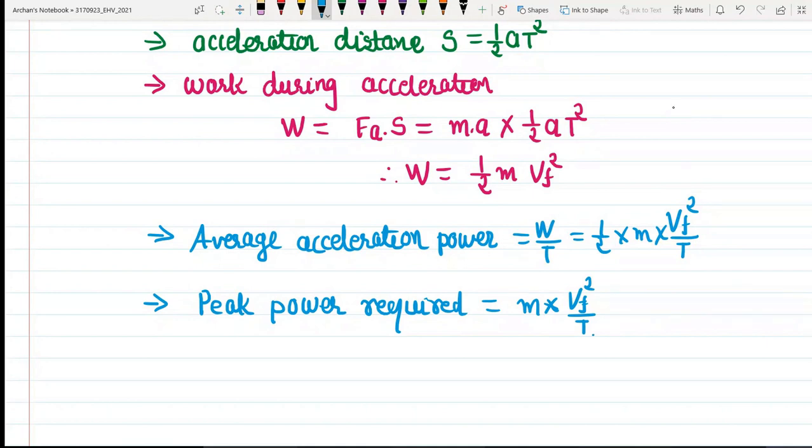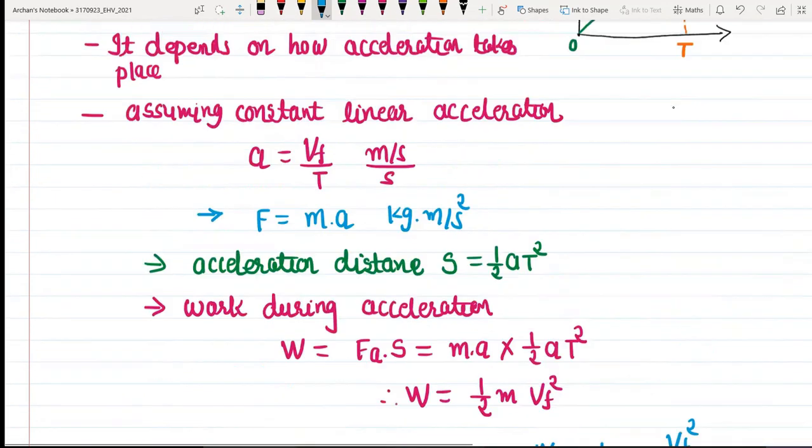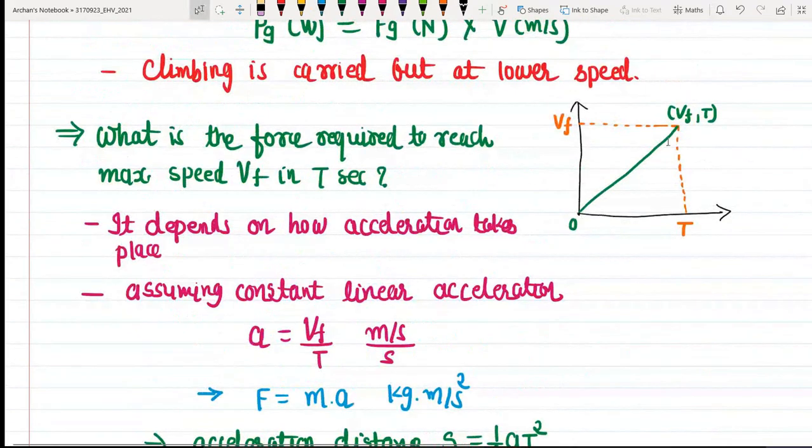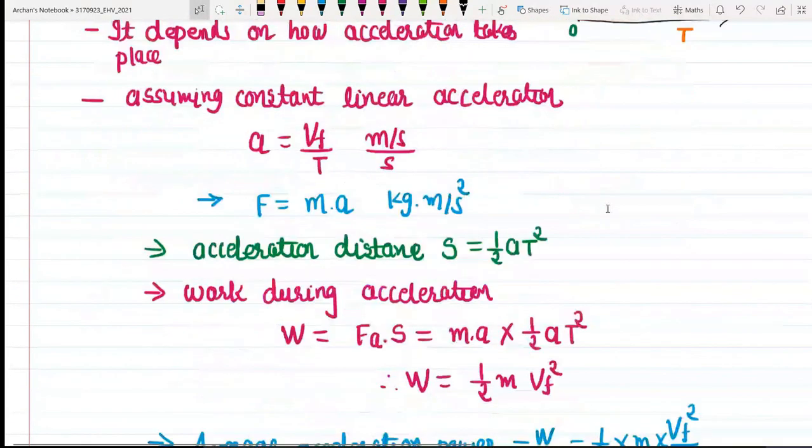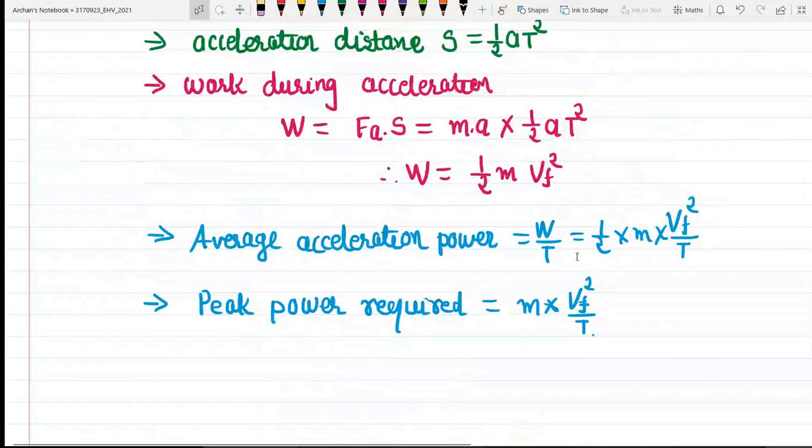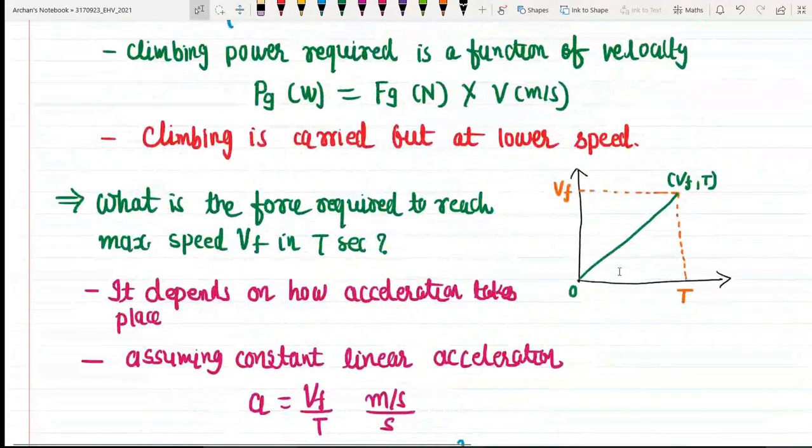This is the maximum amount of power which is required for a vehicle to reach the final speed Vf, or you can say maximum speed Vf, in time t second. So this is one case whenever we have assumed the constant linear acceleration. We will be able to calculate the maximum power as well as average power required for this particular case. Now let us understand another case.